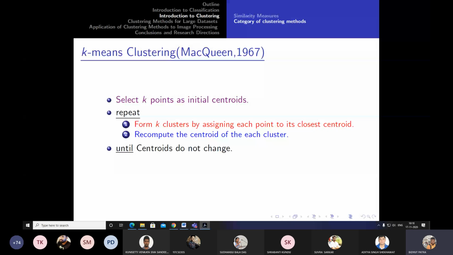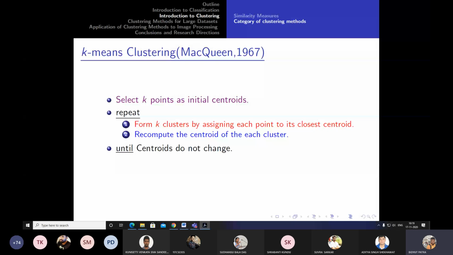So the first step is exactly the same as BSAS. But BSAS had a threshold distance, and here you don't have any threshold. You compute the distance from the point to all clusters and assign the point to the closest cluster. In BSAS the number of clusters was not fixed, but in k-means the number of clusters is fixed. So whatever point comes, even if it is far away, you assign it to the closest cluster.